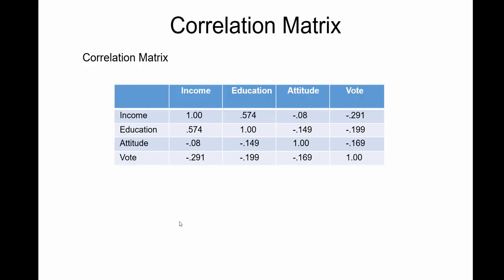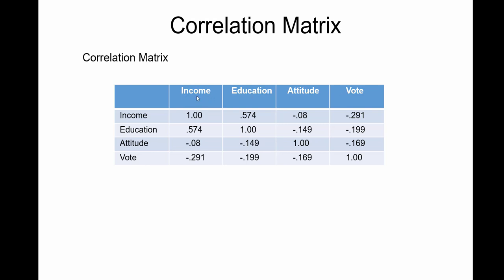Now, as I mentioned earlier, we're working specifically with two variables when we do correlations, but you can examine more than two variables at one time using what's called a correlation matrix. And I will show you how to create this in the video where we work in Excel. But this is what Excel will give you whenever you create it. So I have four variables here: income, education, attitude, and vote. And I want to see all of the relationships between all these variables at one time, and that is what the correlation matrix does.